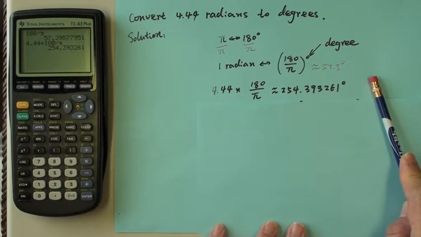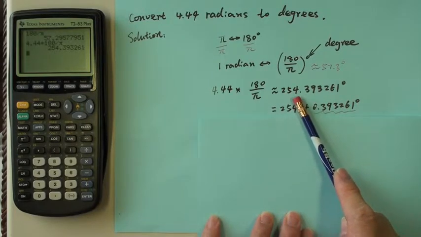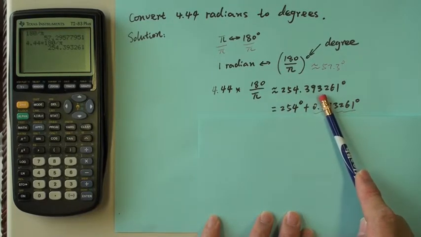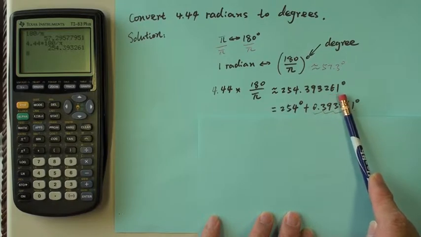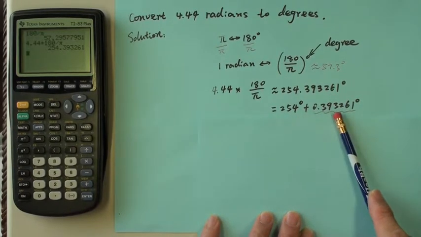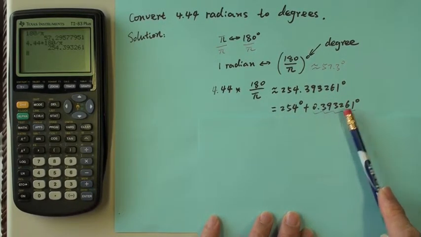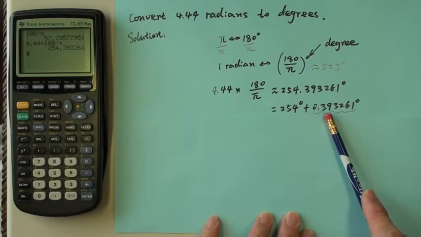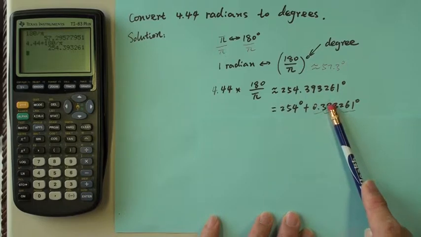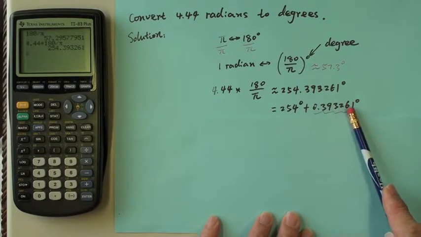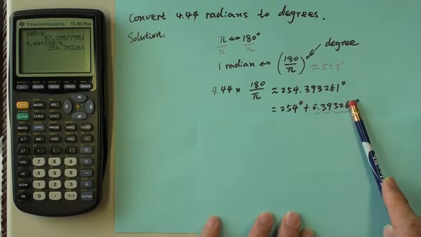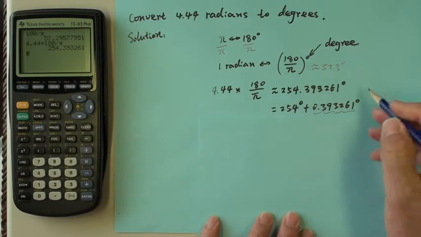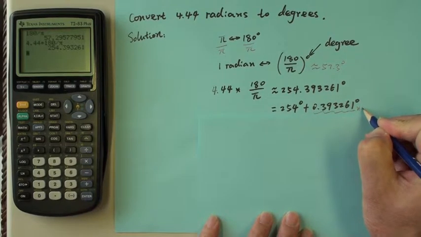Now, we know 254.393261 is the sum of these two numbers. And we'd like to convert this one because this is less than 1 degree. So we'd like to convert this one to minutes. That will be this number times 60.